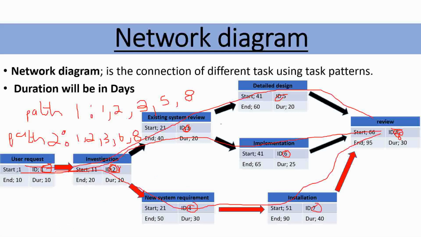Okay. Now let me explain the slack time right here. Slack time. We're going to look at these 2 tasks: existing system and new system request, right? They both start at what time?